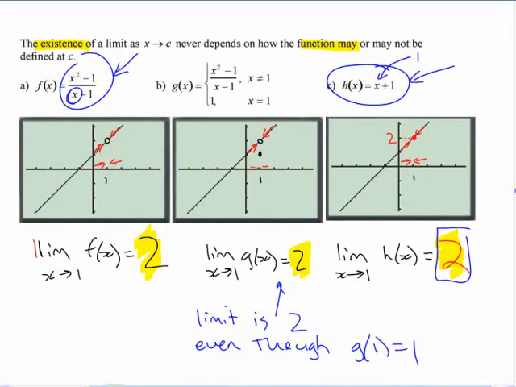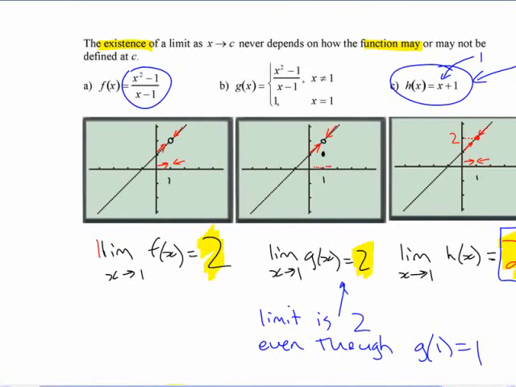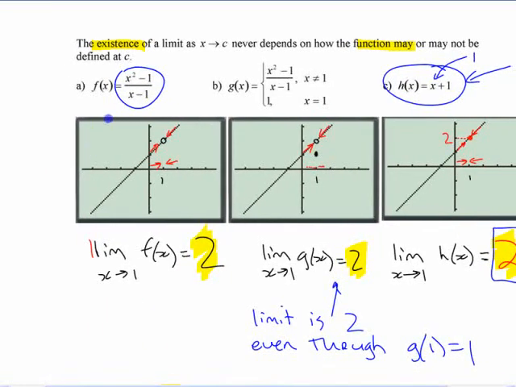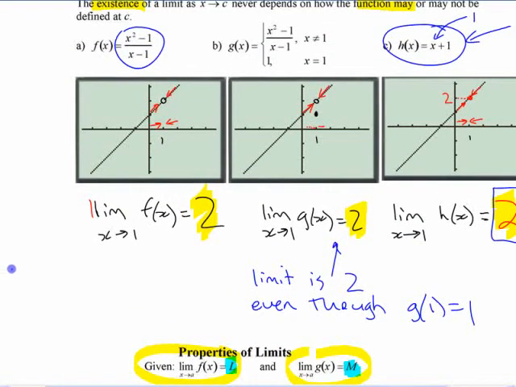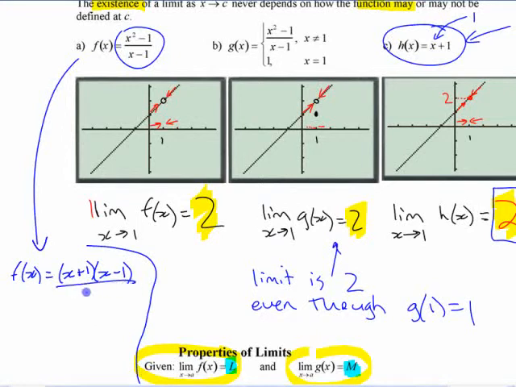What you can do is, I'm not sure if you've looked at functions like this before, but that function is equal to x plus 1, x minus 1, divided by x minus 1.